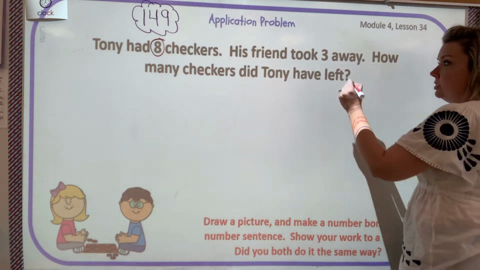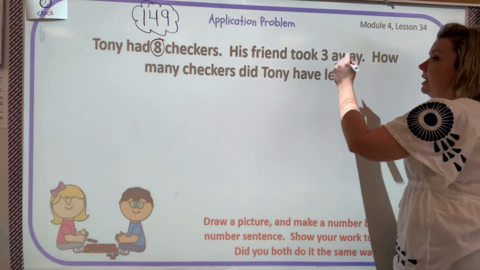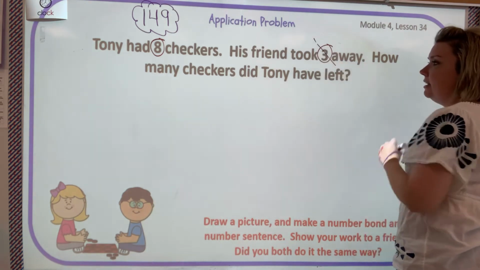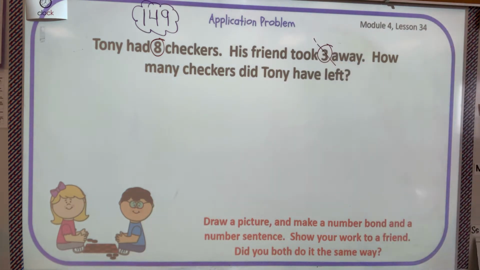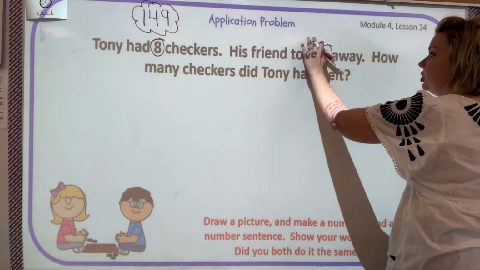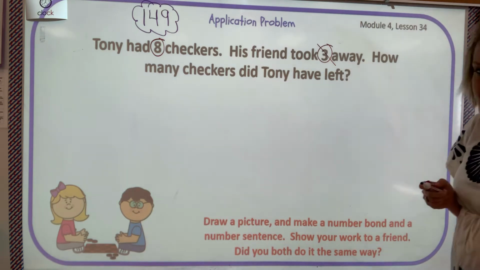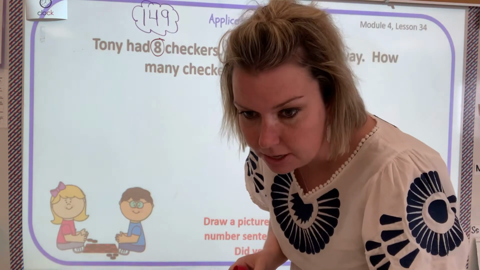His friend took 3 away. So if they took it away, I'm gonna put a slash. How many checkers did Tony have left? Draw a picture and make a number bond first.